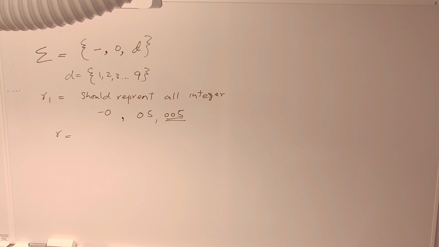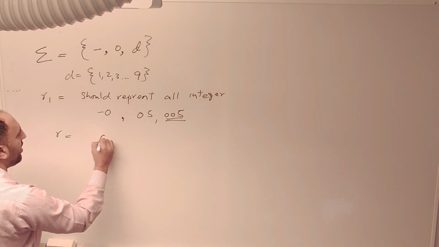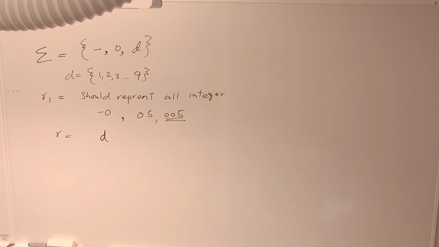Okay. So if I consider this case, 1 to 9, this case is given over here. If I write my regular expression, if I take this part d, I get all these integers. This d gives me only these things.